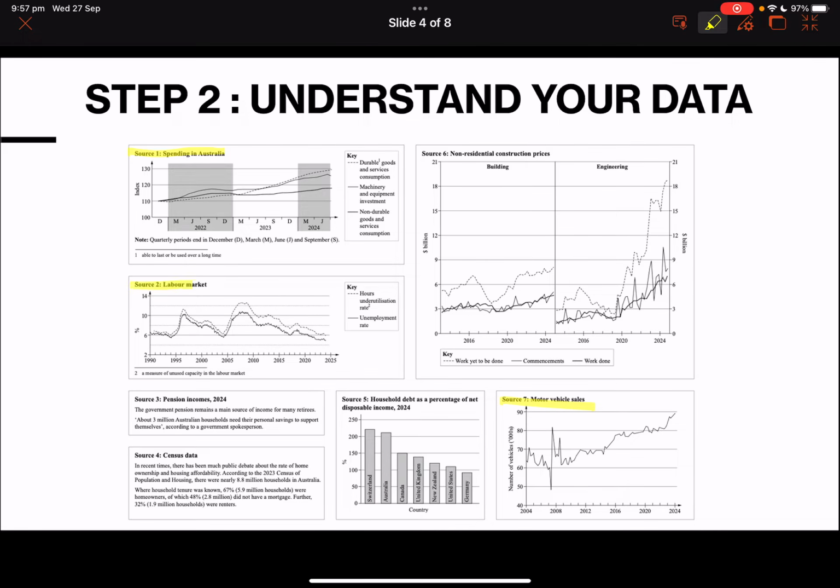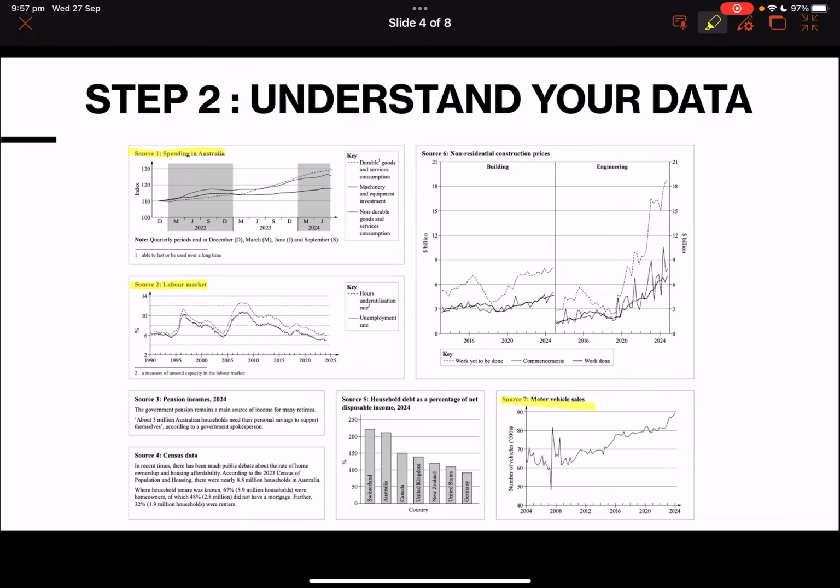Second one we've got here is the labour market, employment. Now, employment's going to have a flow-on effect to our levels of consumption. Low unemployment means more people working, likely means more people buying stuff. So suddenly we can look at it and go, well, yeah, we can see that unemployment is falling and motor vehicle sales are up.